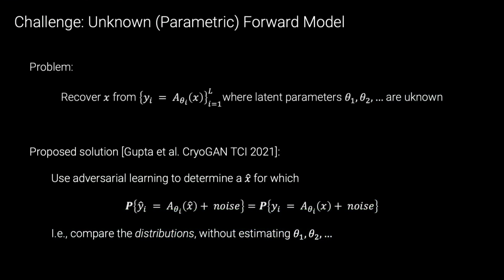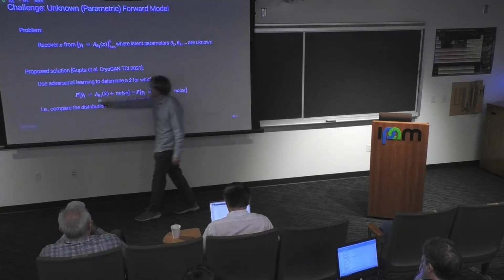So in this work, we turn to an approach developed by Michael Unser's group, by Harshit Gupta et al. in their recent CryoGAN paper, where we are going to use adversarial learning. We're going to use a discriminator network, as I'll describe later on, to come up with a reconstruction X which is not consistent with these Ys individually, but rather produces a set of predicted observations.